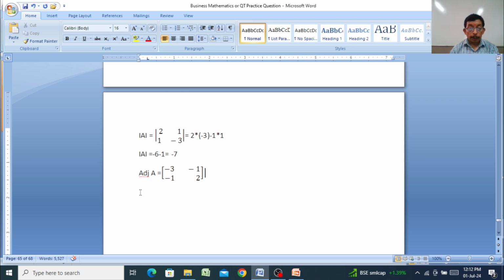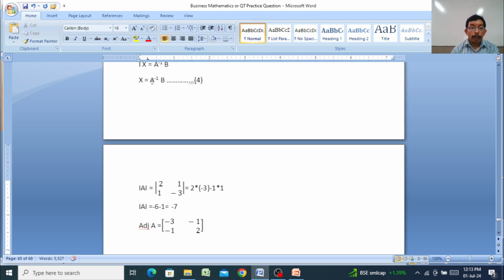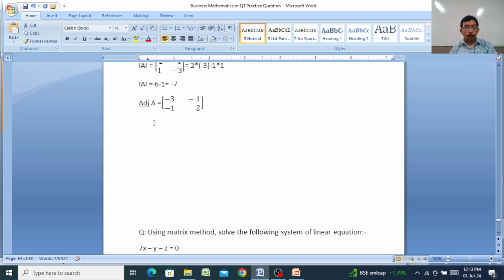Now the adjoint of A is complete and the determinant of A is found. What is the formula for A inverse? Now we find the value of A inverse.